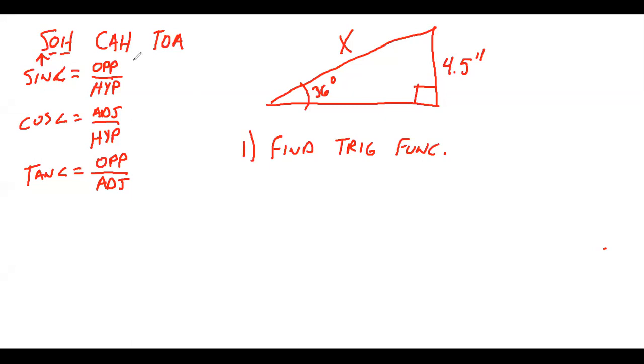And here's your formula. Step two, set up the formula. Sine of 36 equals what? 4.5 over x. Opposite over hypotenuse. How do we solve this algebraically?